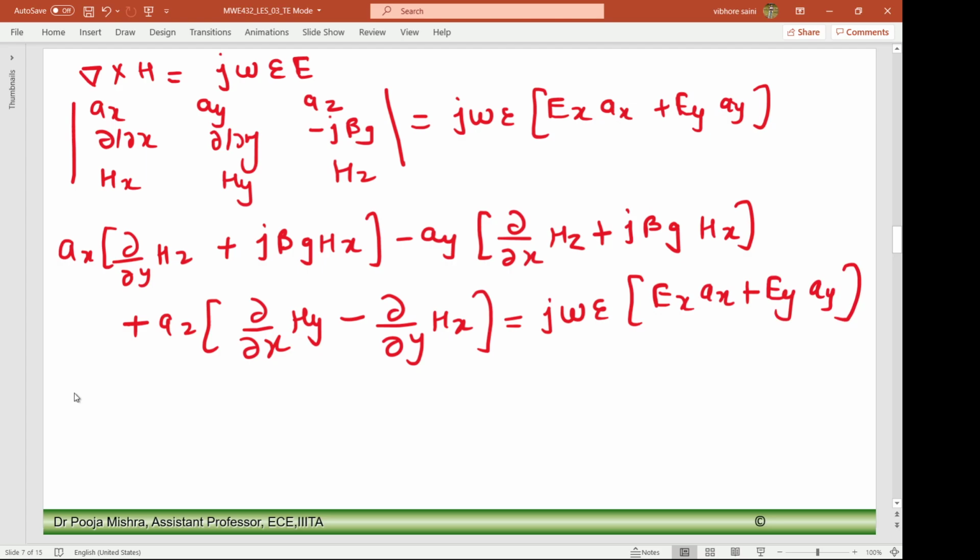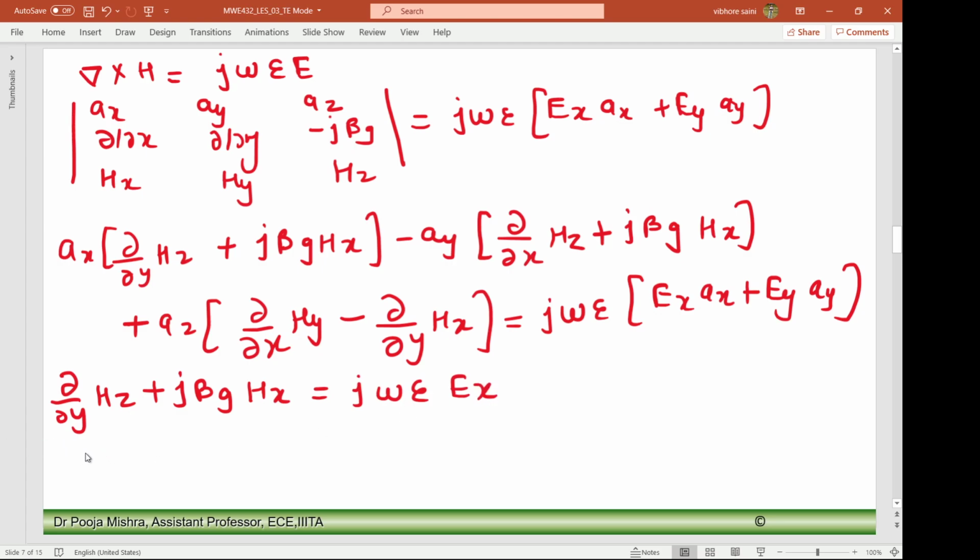So this equation will give us another three equations: del y Hz plus j beta g Hy is equal to j omega epsilon Ex.